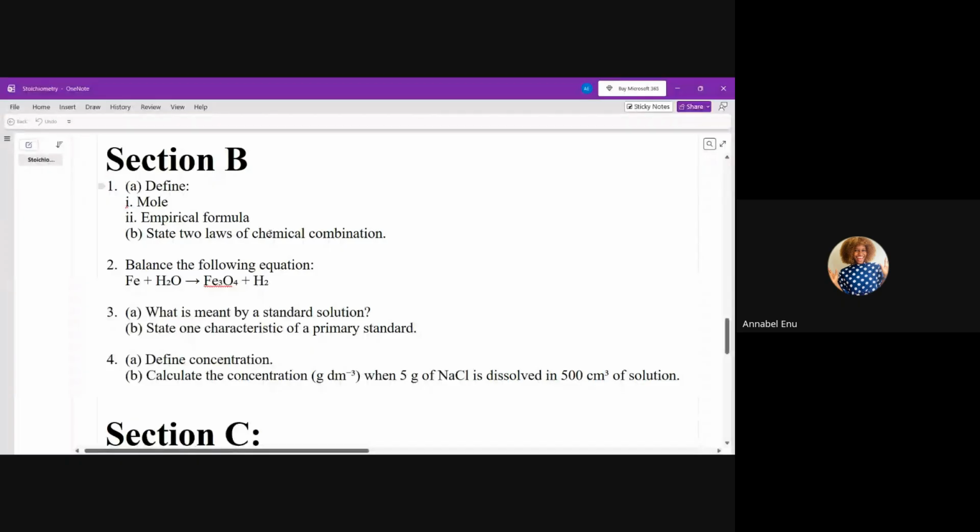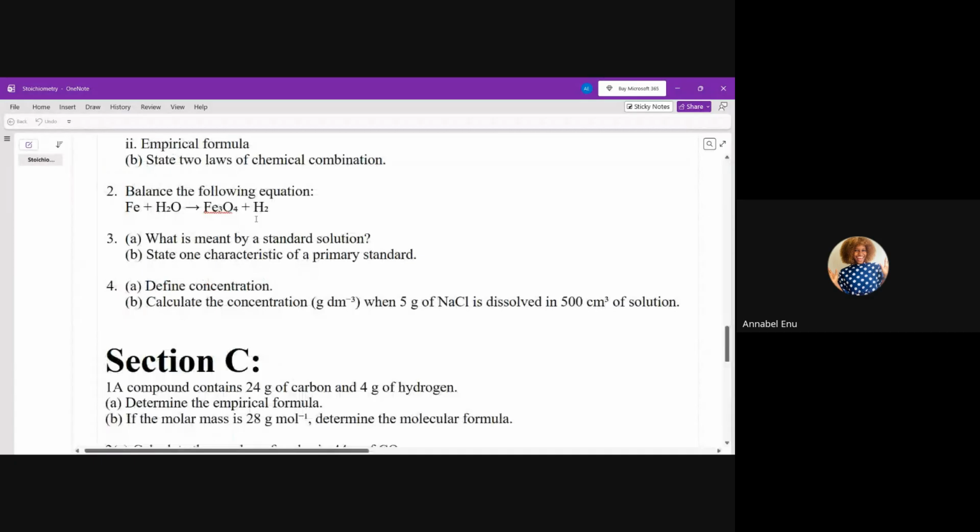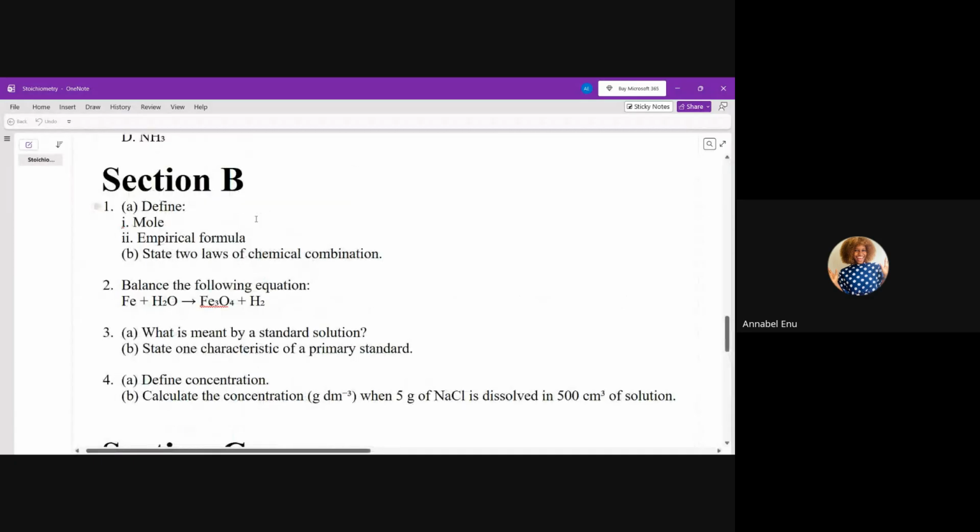And then the next one says, what is empirical formula? Like I said earlier, it is the simplest ratio of all the constituents of a particular compound.